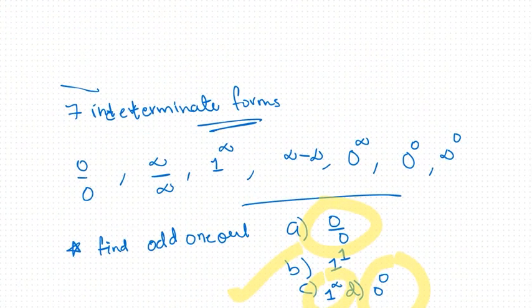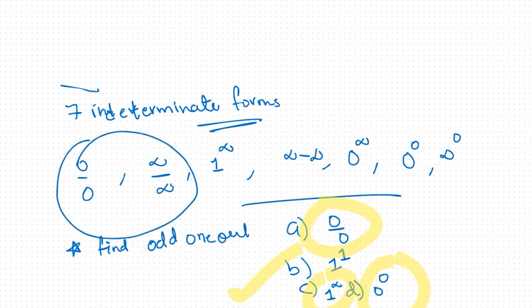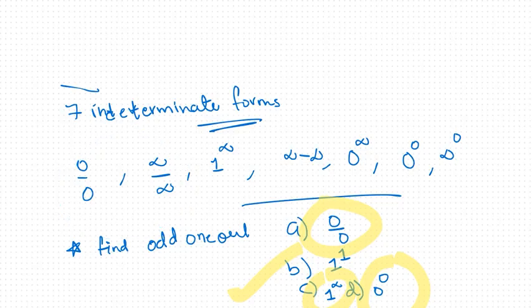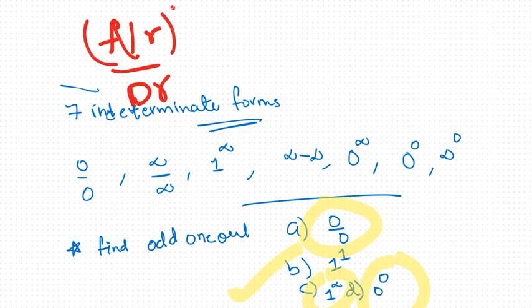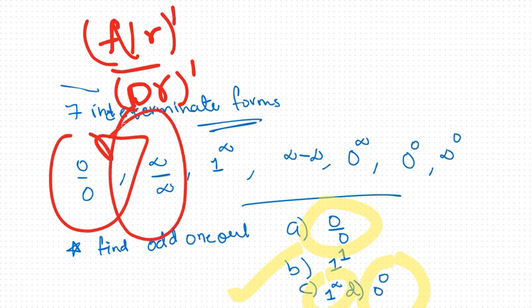Limits. Do you remember how we solve for these two types? Scroll up, the 7 indeterminate forms. 0 by 0. I have to go through the notes. Basically, what happens is numerator by denominator differentiation is what we are doing for these two forms.